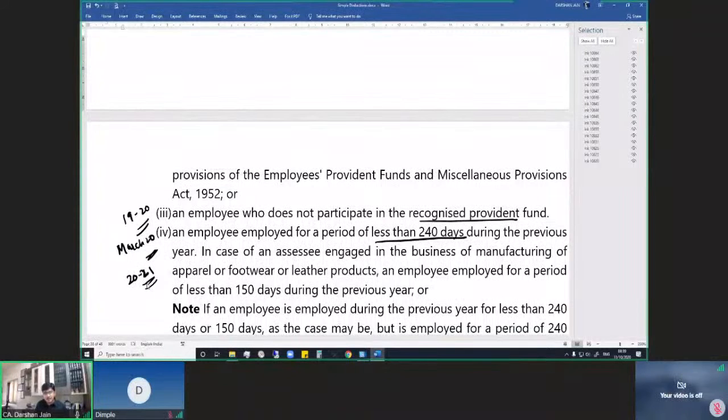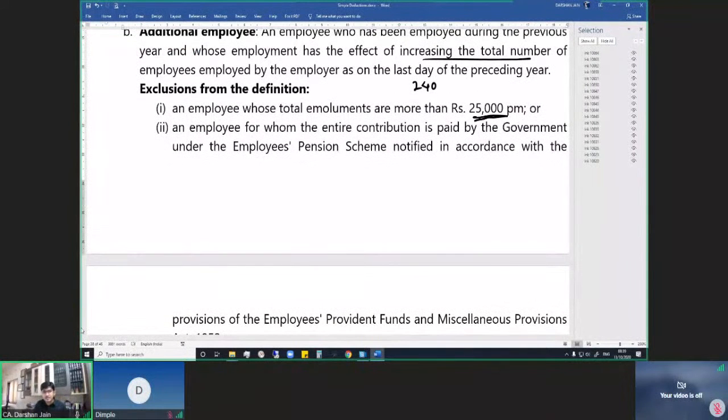Now, if I say that I lose the benefit of the additional cost that I've incurred for this new employee, therefore provision has been made wherein even if in the immediately next succeeding year an employee is employed for 240 days, you could treat him as a new employee in that year. Not in the current year in which he is employed, but he would be treated as an additional employee in the next succeeding year, that is in the year in which he is employed for 240 days.